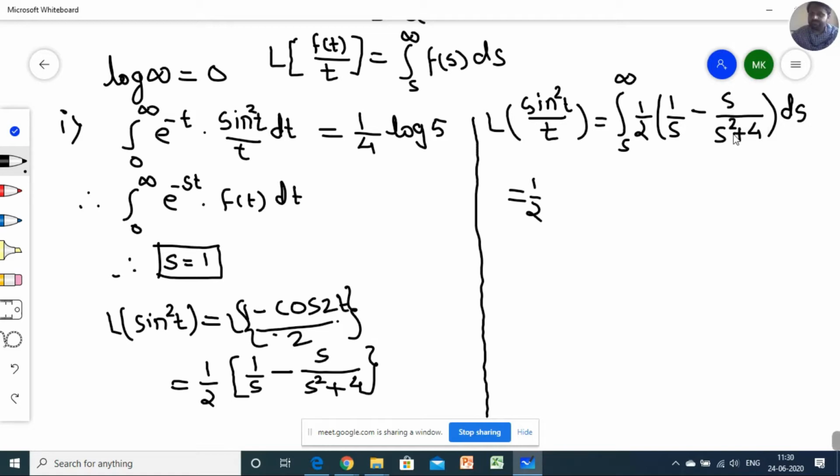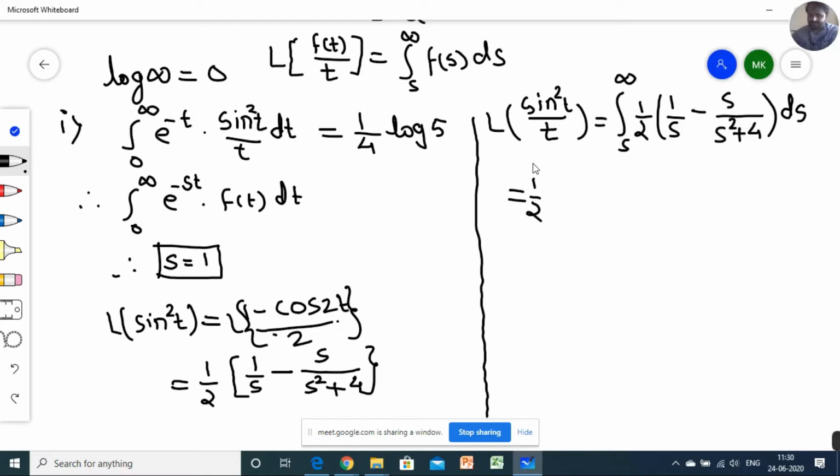So we have to utilize the second rule: whenever the integral of f dash of x upon f of x is given into dx, we use directly log of f of x. But the derivative of the denominator, s square plus 4, will be 2s. So we have to multiply and divide by 2 here, so that the function will be clarified.